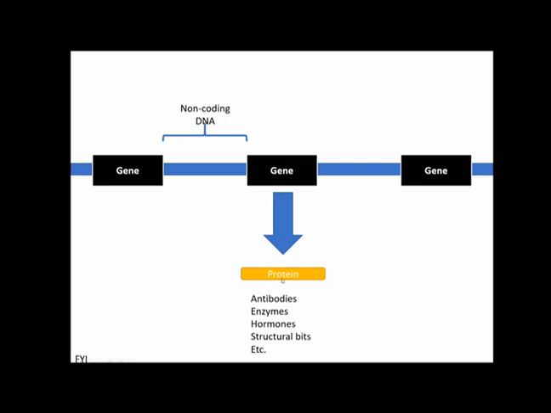And like we said, proteins can be antibodies or enzymes or hormones or structural bits or pigments, or you get the idea. They can be pretty much anything. And so all of the bits and pieces that make up our body are coming from these proteins that come from our genes, which is pretty cool when you think about it.